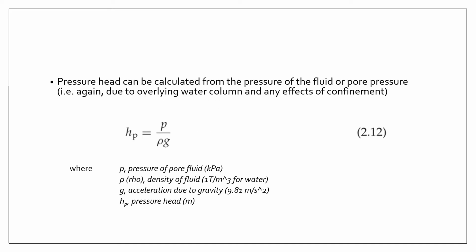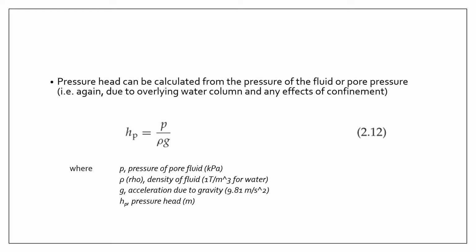Now we can calculate pressure head based on how much pressure your fluid is exerting on a certain point. Given a fluid pressure, you can convert that into pressure head, which is expressed in meters.